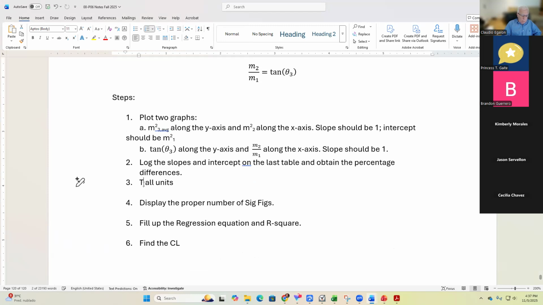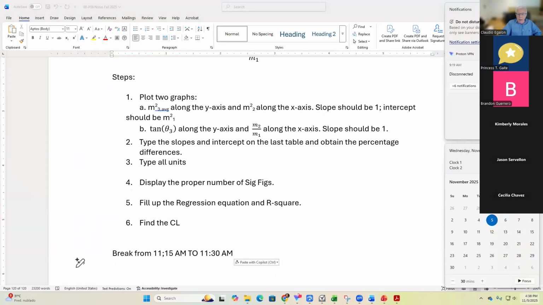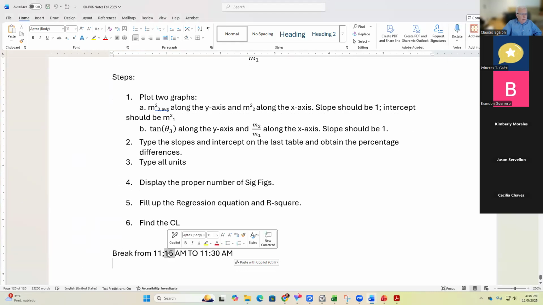Type the slopes, intercept on the last table and obtain the percentage differences. Type all units, display the proper number of sig figs, fill up the regression equation, R squared, find the CL. Okay, and that is 11:38 right now.